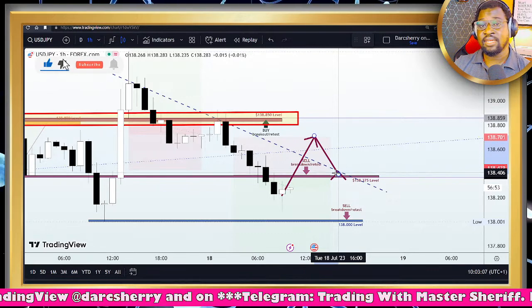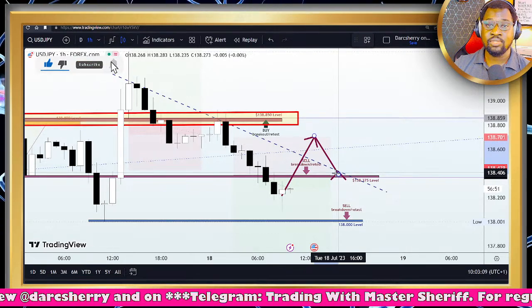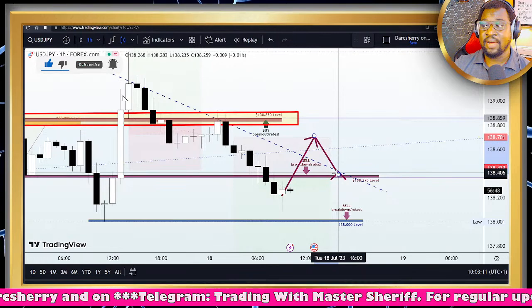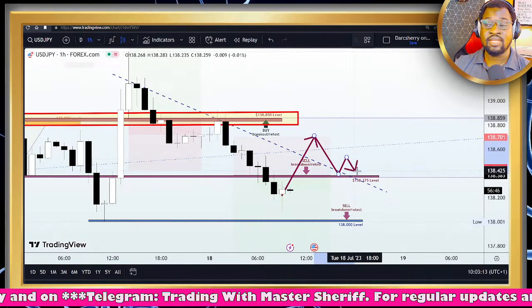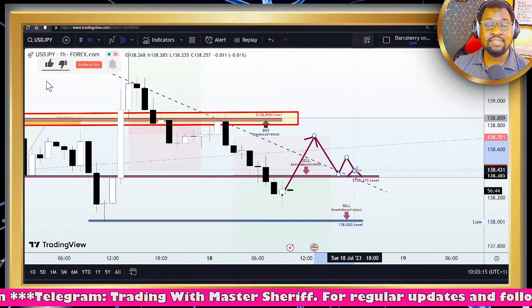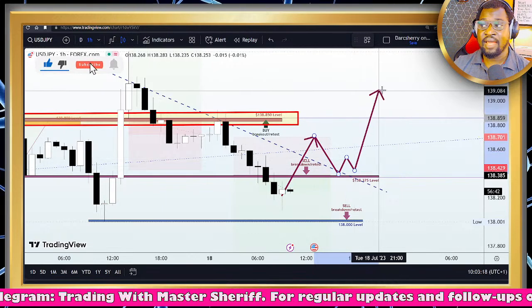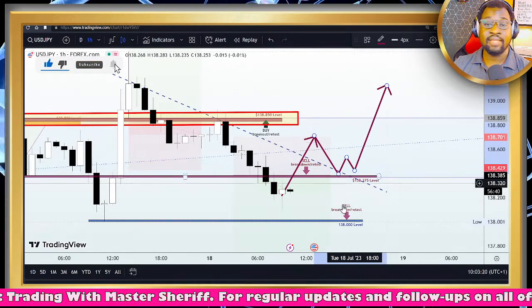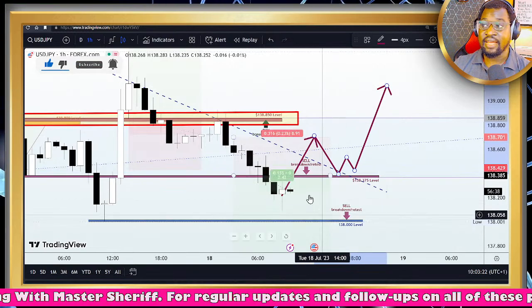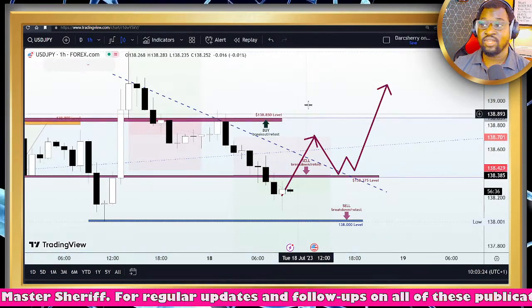But most importantly, we want to see patterns that will support the idea of buying, such as double bottom structures and head and shoulder patterns. Identify the neckline on the lower time frame, and then we buy the breakout of the neckline. So that is how we are going to be buying the USDJPY today.